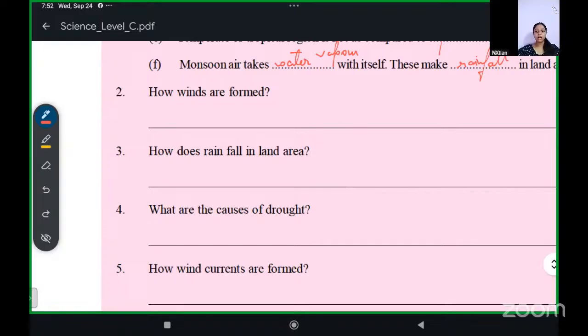Okay. I would like to add that because of the heating of the surface, hot air rises up, and cool air comes to take its place.